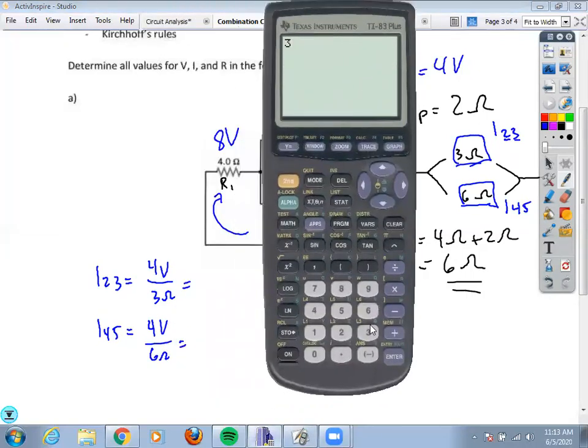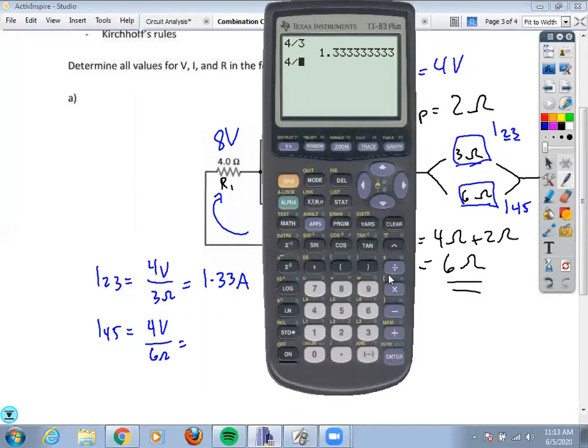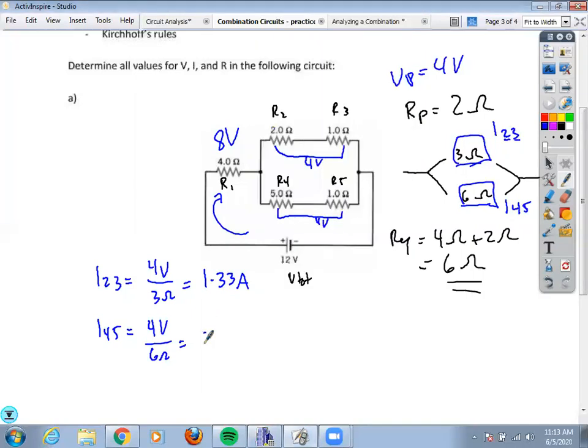So 4 volts divided by 3 ohms gives us 1.33 amps. Now we could use the junction rule, but we'll use Ohm's law. We know that these two have to add up to 2 amps, but let's just confirm. 4 over 6 should be 0.67 amps. Which is good.